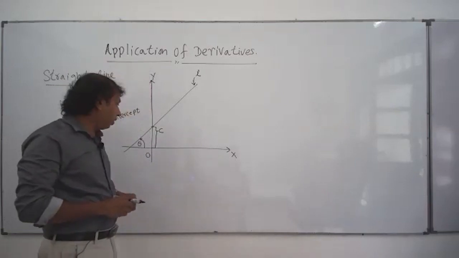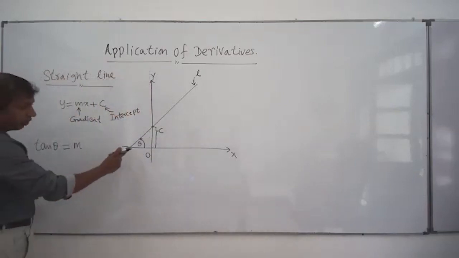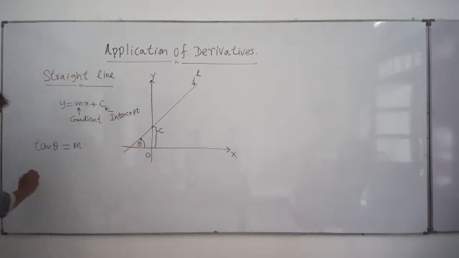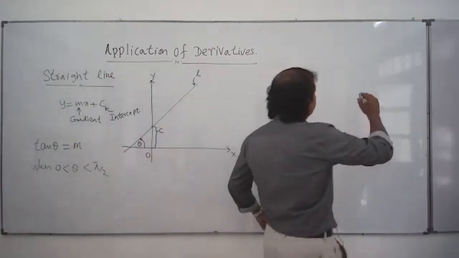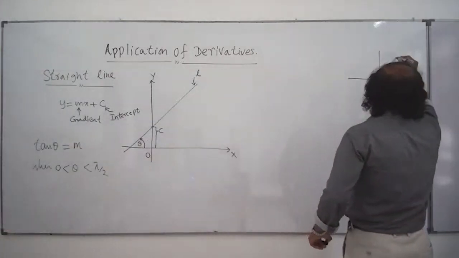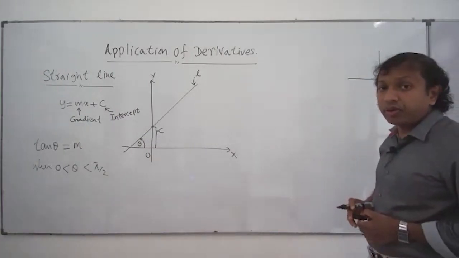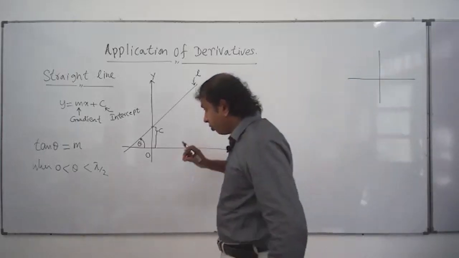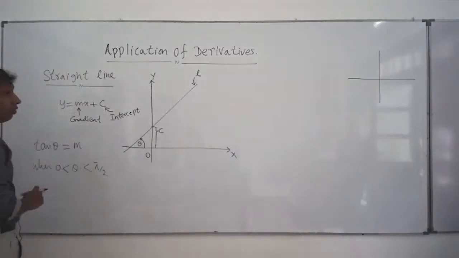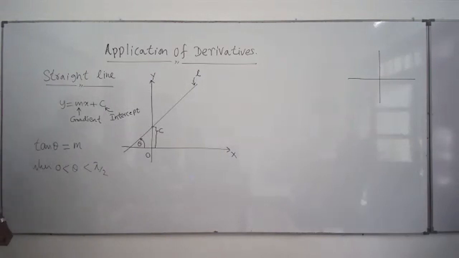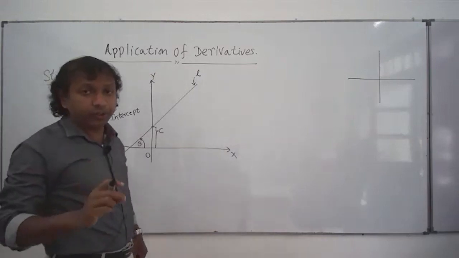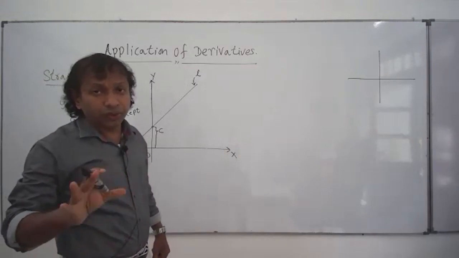Now you can see very clearly when this angle is acute. When theta is acute, meaning less than 90 and greater than 0, that angle lies in the first quadrant. In the first quadrant only, people, angles between 0 and 90 are available. For first quadrant angles, we learned in the trigonometry lesson that tan, sine, cos, all three are positive.